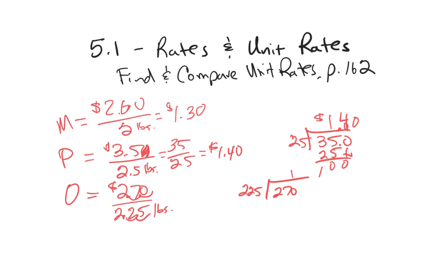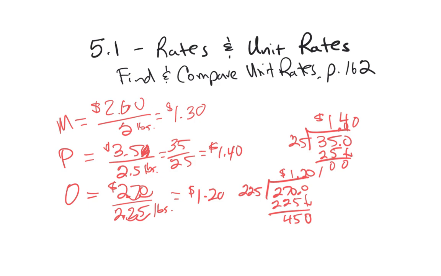Well, we know that it's going to go in 1 time, which is 225. Subtract, and we get, what is that, 45. We need to add a decimal and a 0 into there, so 450. And I can just eyeball that and say 2 times 225 is 450. Add the $ sign in, the extra 0, and the oranges are $1.20 per pound.